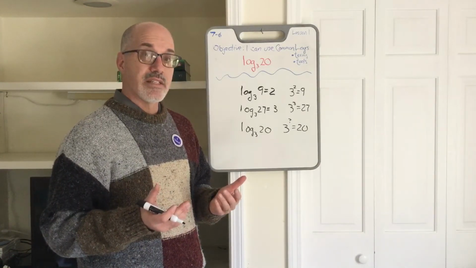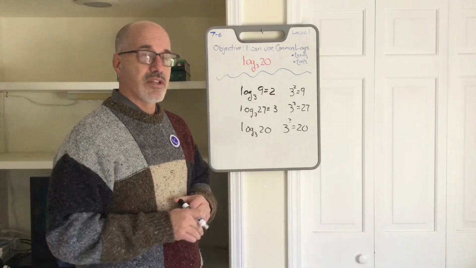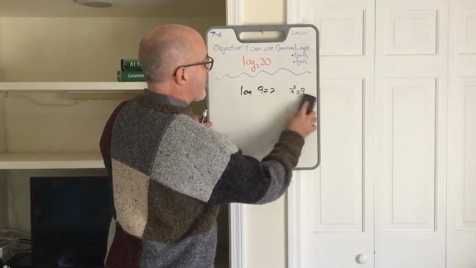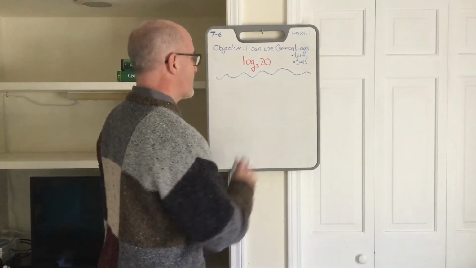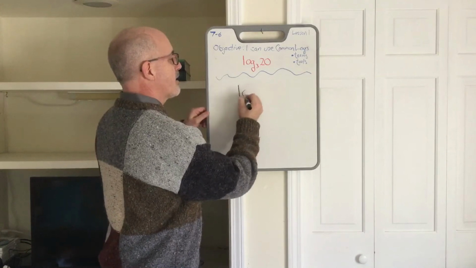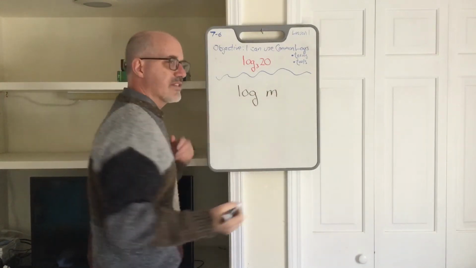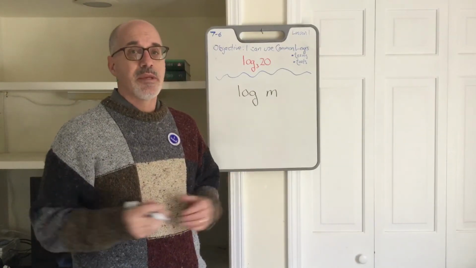Well, one way is to come up with a logarithm that we commonly use. It's called the common log. If you see a logarithm listed like this, where you have log of something but there's no base listed, that's going to be base 10.